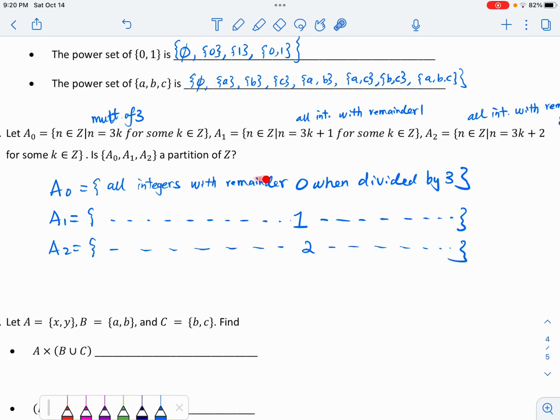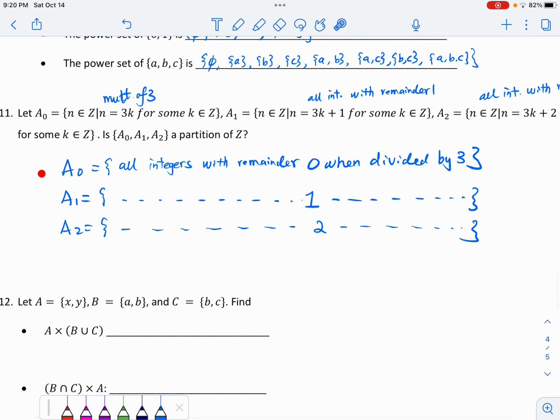So you see that any integer, when divided by 3, can only give one of those 3 possibilities. So therefore all the integers will be in one of those 3 sets, right?